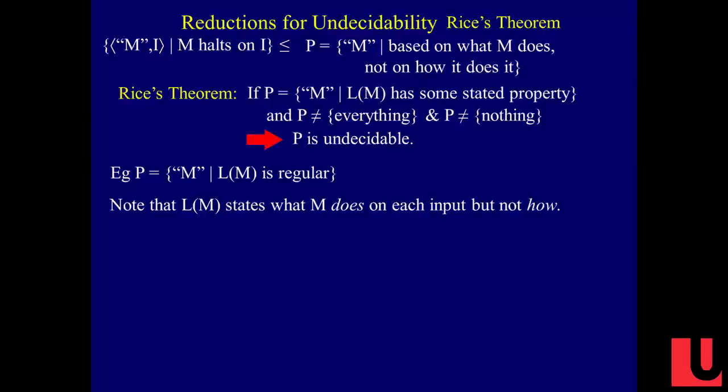It could be some other property. So that's all we know about P, is that it has this form. Well, actually, we also know that P doesn't say yes on everything and doesn't say no on everything. Does that make sense? And from that, we can prove that P doesn't have an algorithm that halts and says yes on everything.